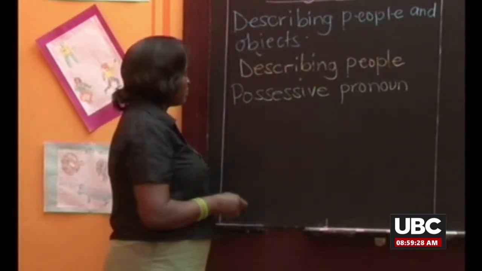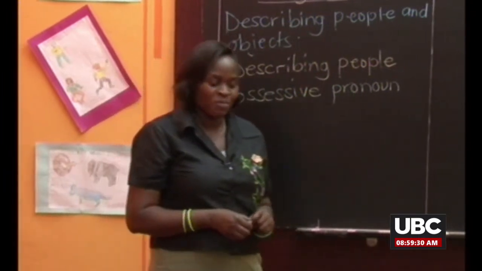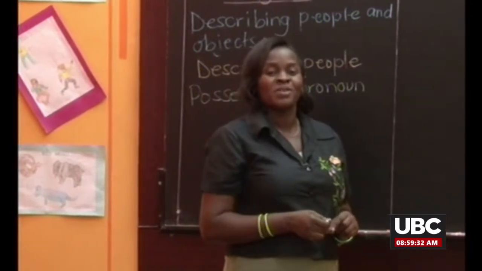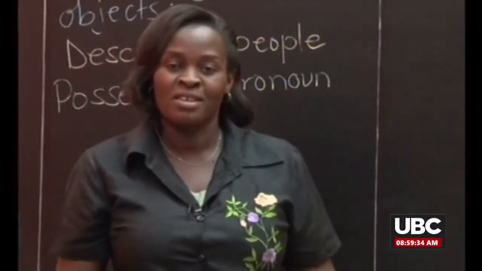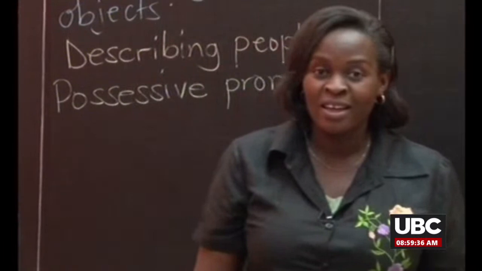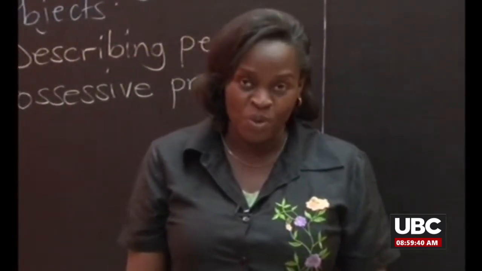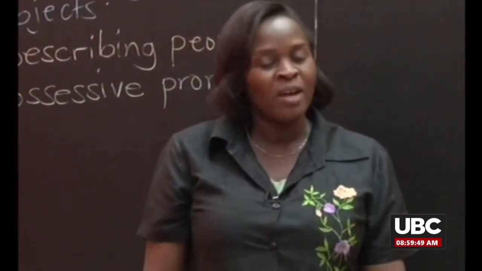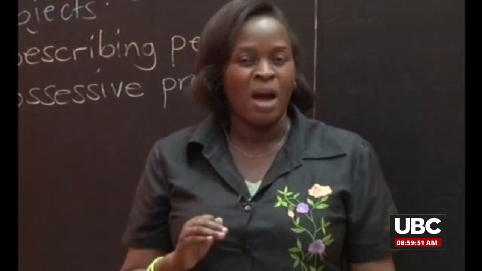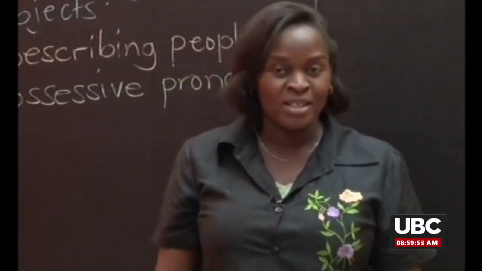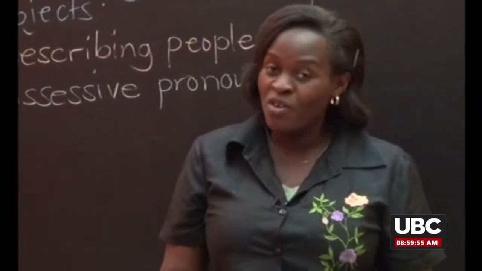Before we look at the possessive pronoun, let's ask ourselves, what is a pronoun? Anybody who knows the answer? Remember, when we are describing people, we are describing nouns. An adjective is a word which describes a noun. Now, a pronoun is a word which is used instead of a noun.